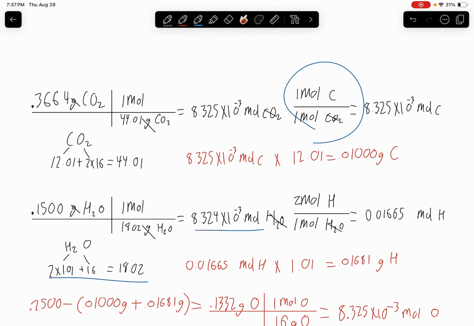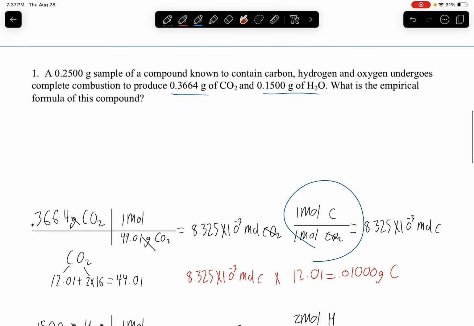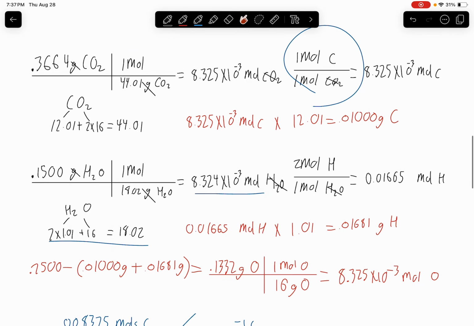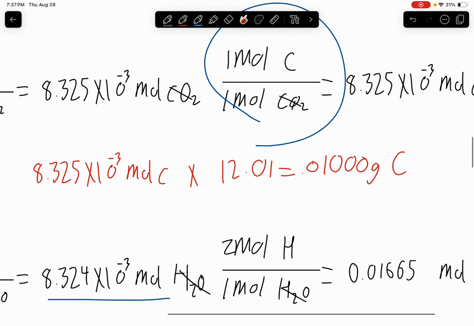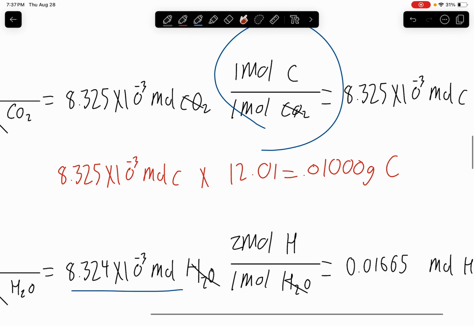But we still need to find the moles of oxygen. So we have to find the grams of both carbon and hydrogen and subtract them from the original starting amount, which is 1/4 of a gram. We take the moles of carbon and multiply it by the molar mass, and we get 0.01 grams of carbon.